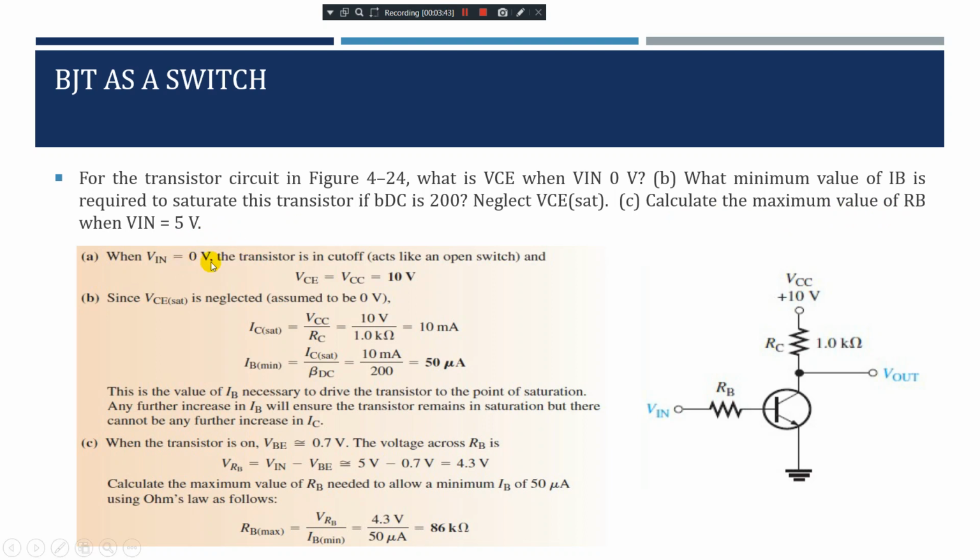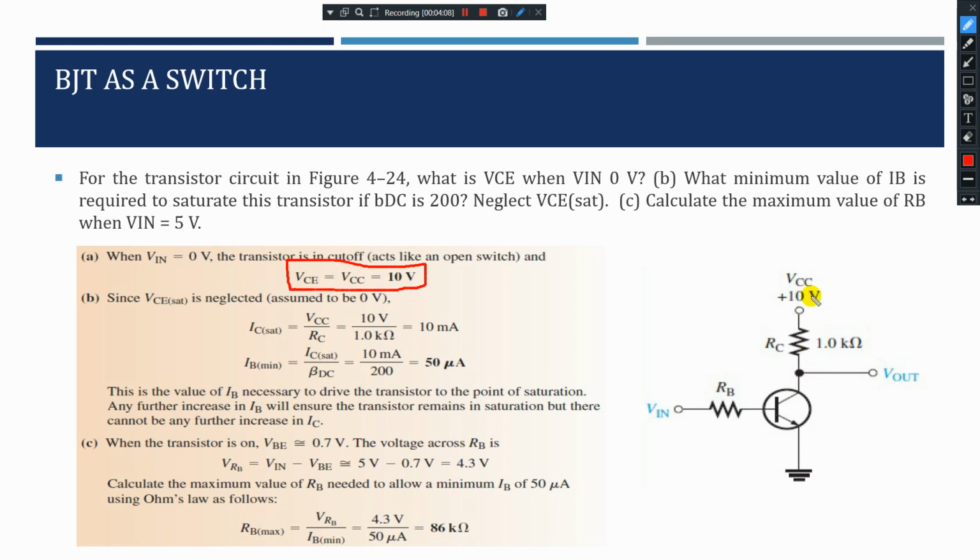When Vin is equal to 0 volts, there is no input, so it is understood that the transistor will be in the off condition. When the transistor is in the off condition, VCE is equal to VCC. What is VCE, collector to emitter?